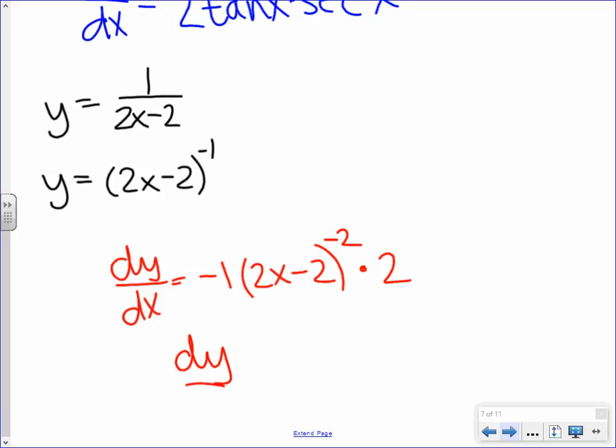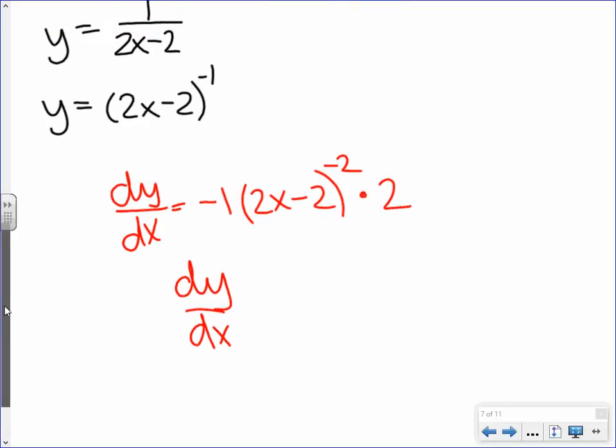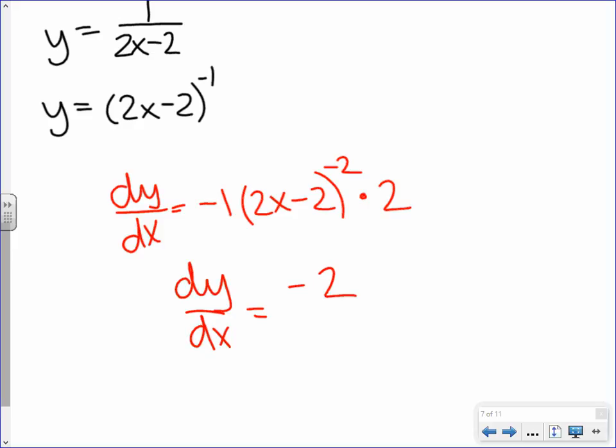So our derivative is -2 over 2x minus 2 squared. Another option instead of having to use the quotient rule.